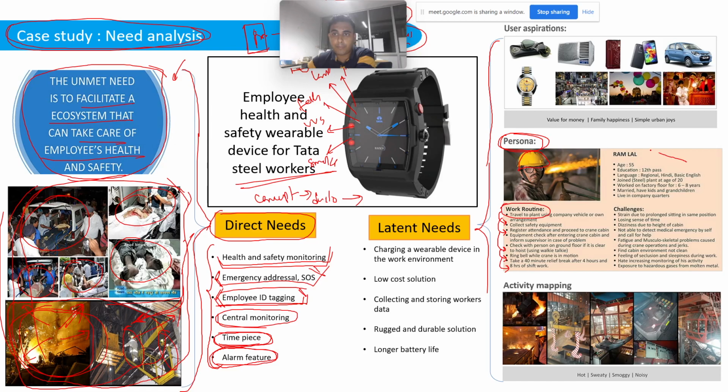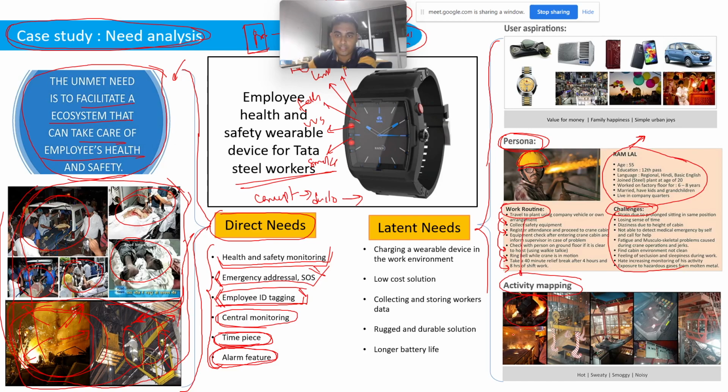This persona creation represents all the workers of Tata Steel by one single persona. We also tried to understand the various challenges they faced from their activities and their daily routines.